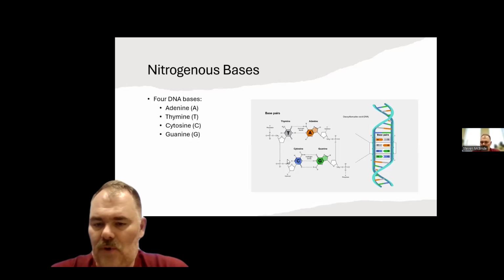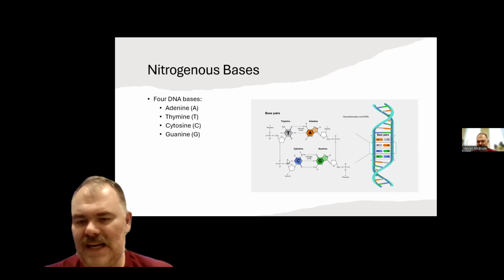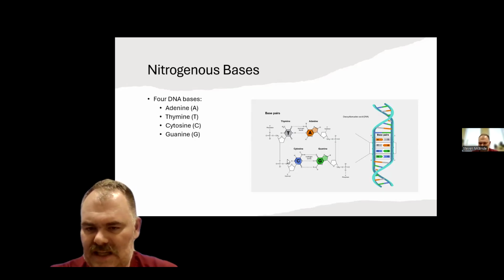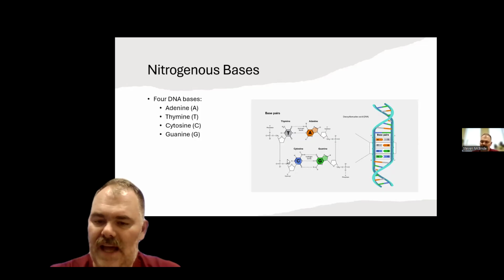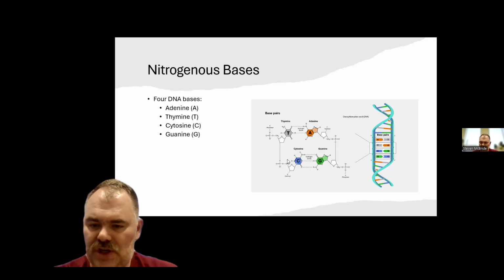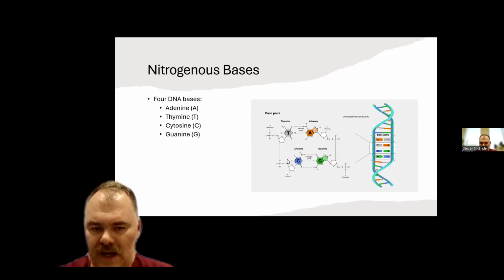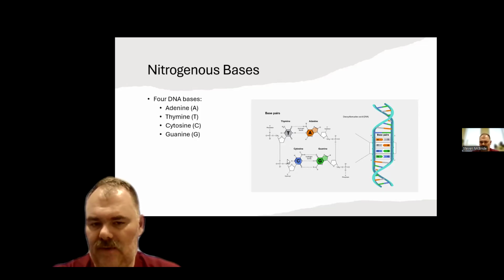Now here we can see the four nitrogenous bases found in DNA: adenine or A, thymine or T, cytosine or C, and guanine or G. Notice that adenine and guanine have larger double ring structures, while cytosine and thymine have smaller single ring structures. The larger bases with the double rings are called purines, and the smaller bases with the single rings are called pyrimidines.